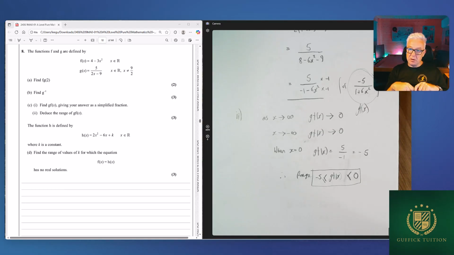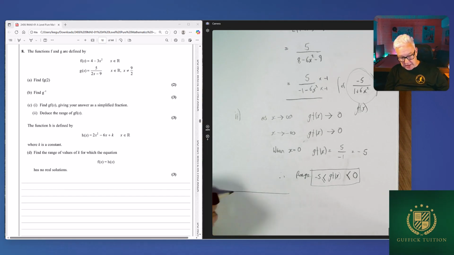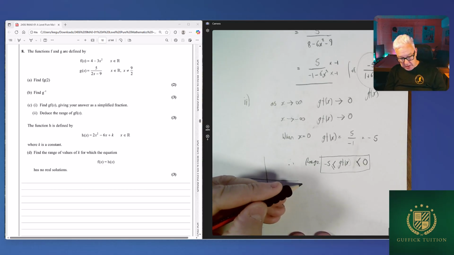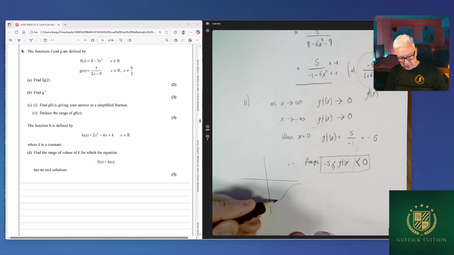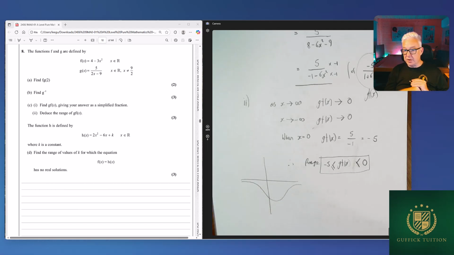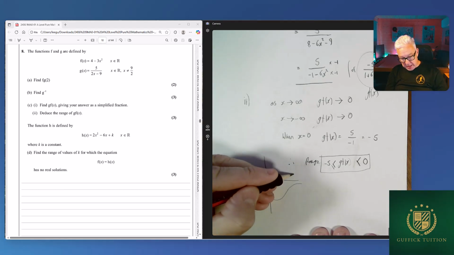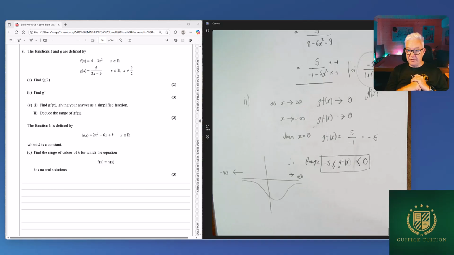I don't know exactly what this graph looks like, but my feeling is it's going to look something like that. So we've got an asymptote at 0 at minus infinity, but it's approaching it from below, and the same thing over here at positive infinity.